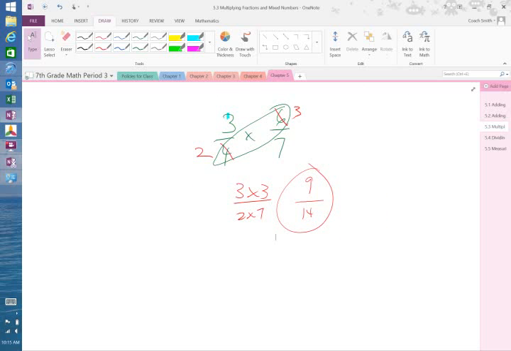Okay, and the reason I ask that is because the division problems, dividing fractions, is exactly the same as multiplying fractions with one extra step.